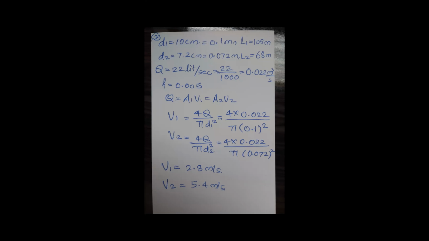So it will be 4FL1 V1 square divided by 2GD1 plus 4FL2 V2 square divided by 2GD2.